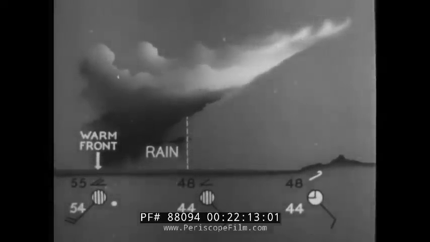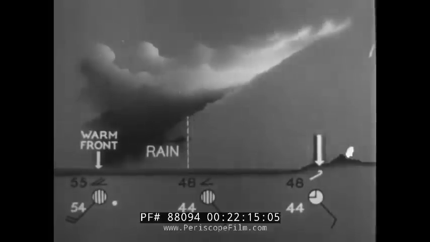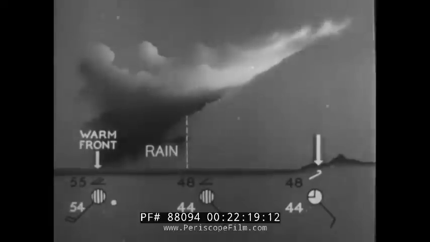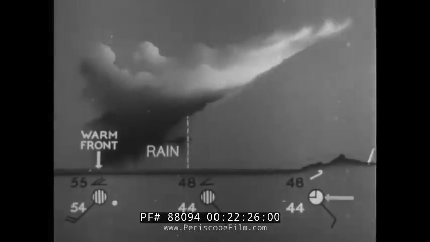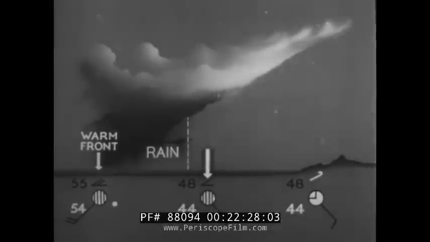Cloud. Cirrus cloud was reported 500 miles in advance of the warm front. The cloud amount was reported as a trace. Nearer the warm front, the cloud type was reported as altostratus and nimbostratus, with skies completely overcast.